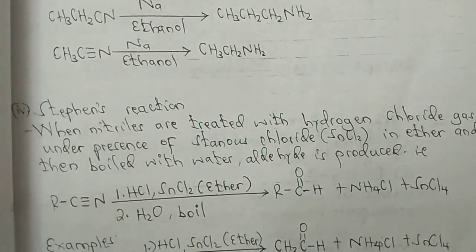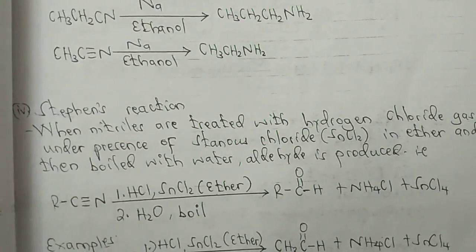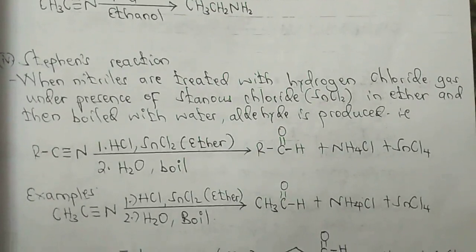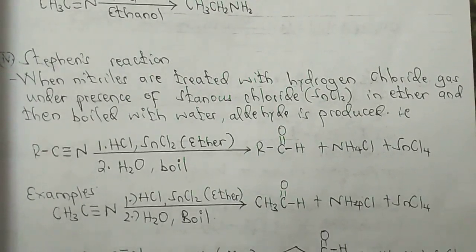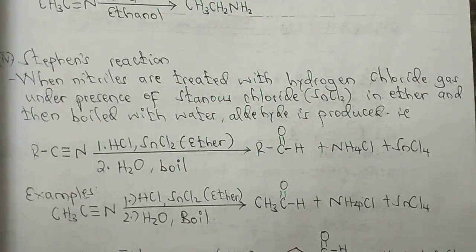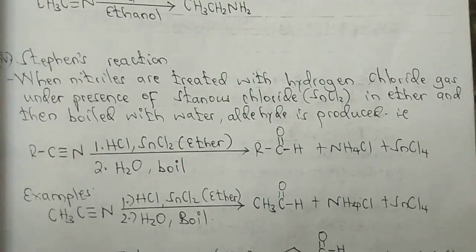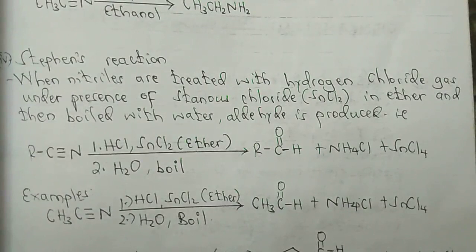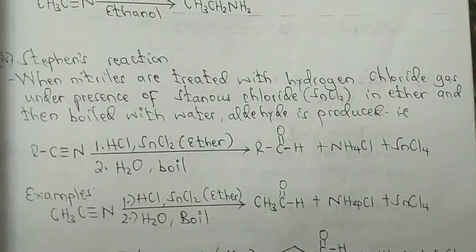From there we have the Stephen reaction. When you see a reaction with a name, know that it is very important and it always comes up in exams. When nitrile is treated with hydrogen chloride gas in the presence of stannous chloride in ether and then boiled with water, aldehyde is produced.